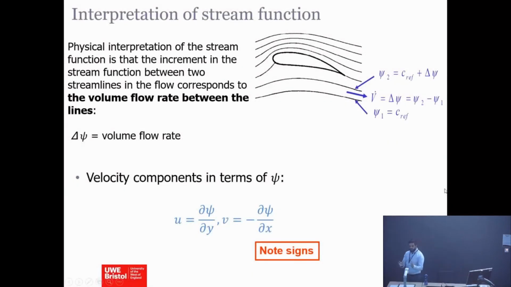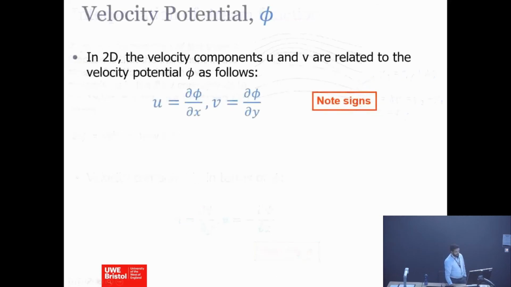But the beauty of it is that within potential flow theory, the velocity components can be related straight away to either the stream function psi or the velocity potential phi, which is fantastic because in all aerodynamics, if you know the velocity field, you will know everything. So that's the beauty of it. Just to remind you, in terms of the velocity potential phi, these are the velocity components. Please again note the signs.